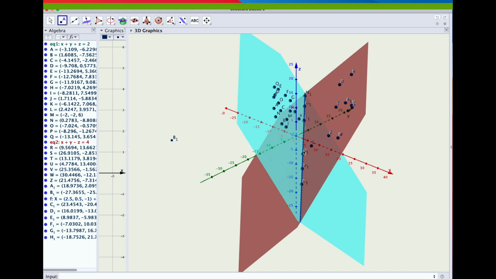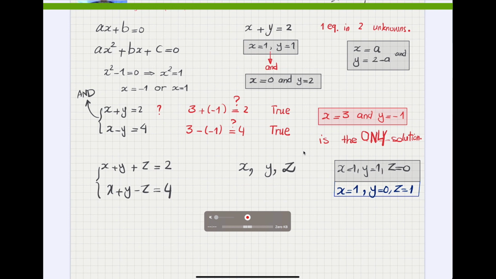But I want you to understand, first of all, the limitation of the geometrical point of view. Because if I increase the number of my variables, for example, if I want to consider this one, then I don't even know what the graph of this looks like, because how many axes do I need?